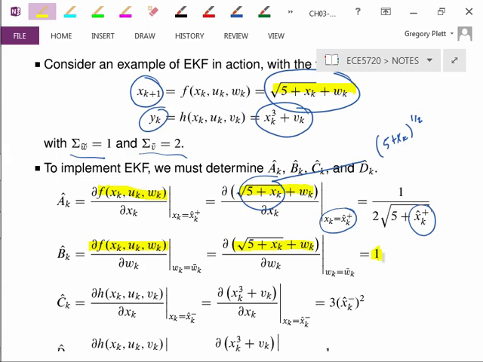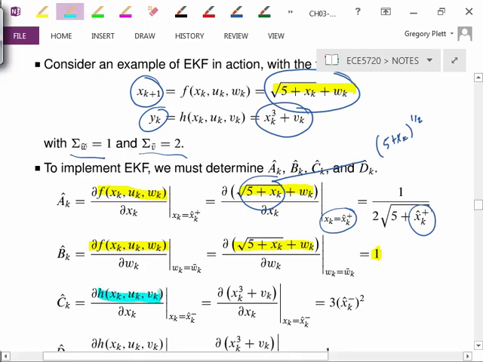The next thing is C hat, and C hat is the partial of h with respect to x, and h is x cubed plus v. Taking the partial of x cubed with respect to x, we get 3x squared, and the partial of v with respect to x is 0.